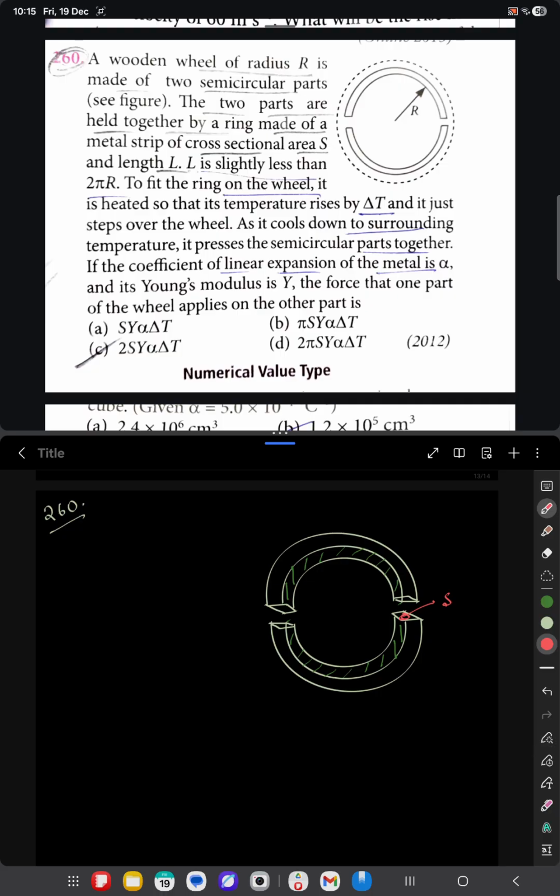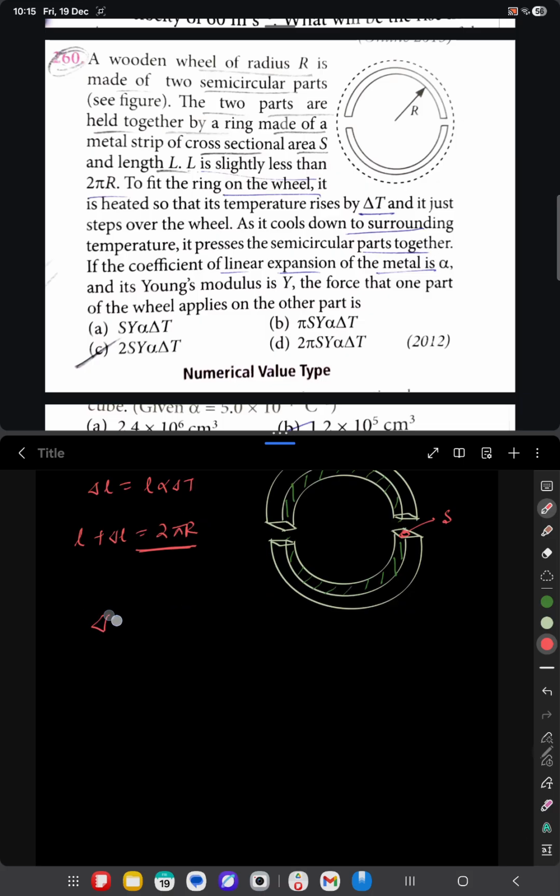So the ring has length L, and L is less than 2 pi r. So you need to increase the temperature of the ring. Delta L is equal to L alpha delta T. Now L plus delta L should be equal to 2 pi r, and delta L is equal to FL by AY.